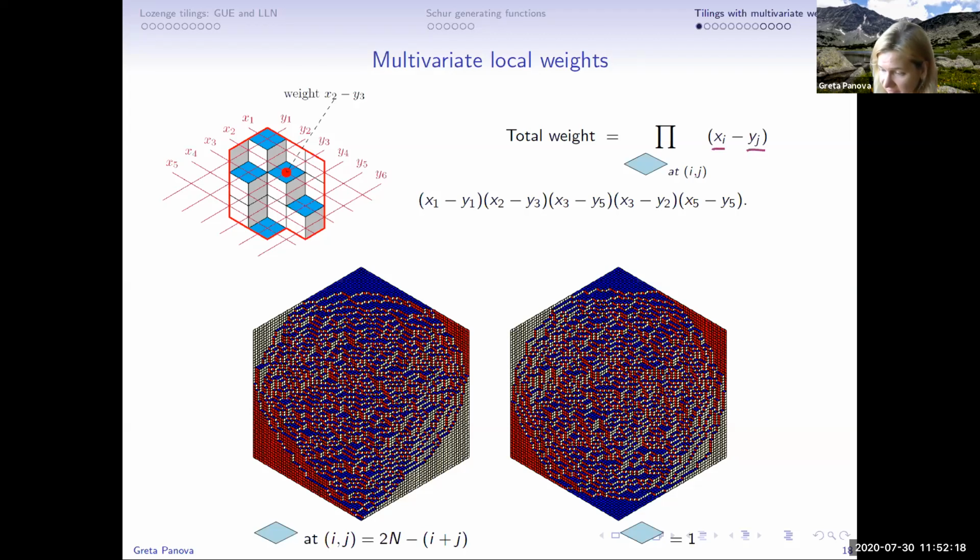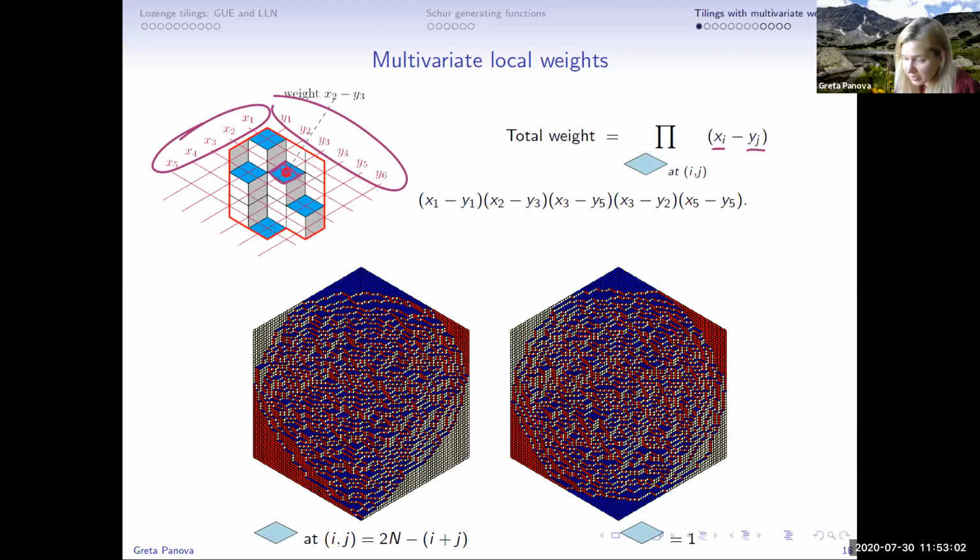If you want to know what xi and yj are, as we have our 3D lozenge tilings, we lay it flat and we put a grid in this direction of x's and y's, and our lozenge tiling is going to have some coordinates in this grid. Depending on what the coordinates are, we give it a weight, in this case x2 minus y3. And in general, if it's a position ij in this grid, then we have xi minus yj.